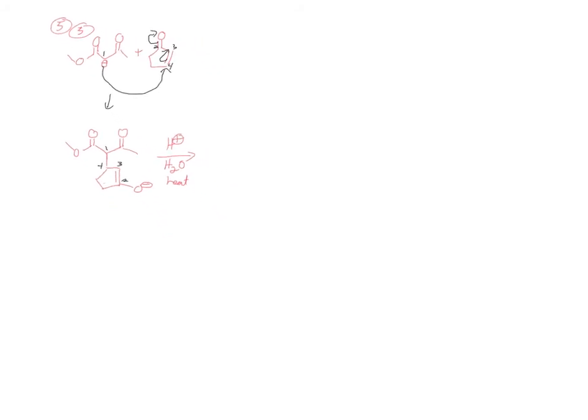Now, how is an enolate going to react with acid? Well, electrons come down, the pi bond attacks, and then it reforms that enolate back into a ketone.